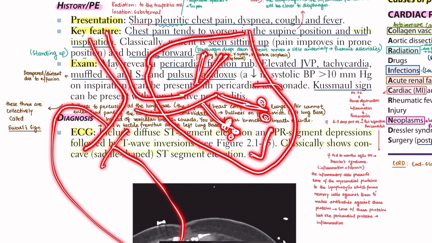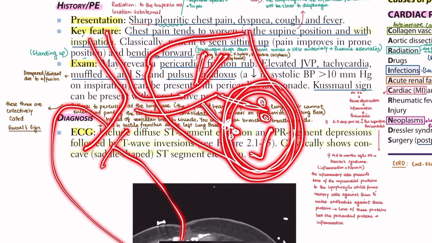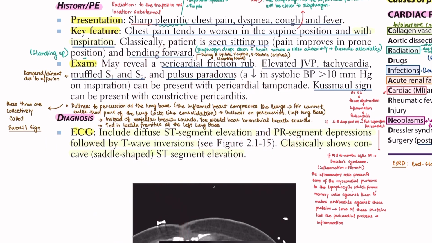But since over here there is the sort of consolidation because of the pressure of the heart on the lung, you will be hearing bronchial breathing sounds. So the sound will not be coming from here. Whatever you will hear will be coming from here, the bronchi. So this is called bronchial breath sounds, and that is what you will be hearing in a patient with pericarditis. And other than that, there will also be tactile fremitus at the left lung base.